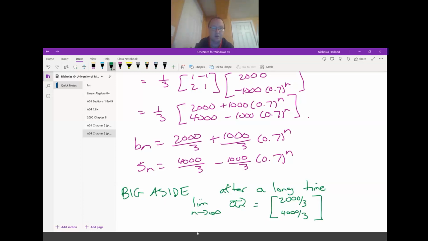So the 0.7 to the n goes to 0, as n goes to infinity. Don't need any more calculus than that. Limits are good enough here. For this class, you definitely don't need to know this limit stuff here at the end. Feel free to go take some calculus and learn a little bit more about that.